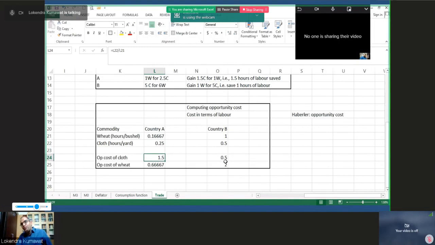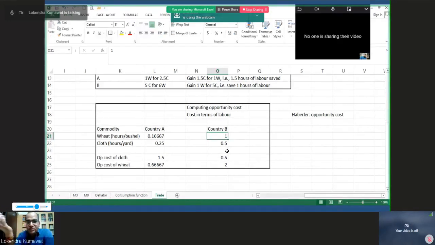So if you want to produce cloth in country A, you will have to keep aside resources required to produce 1.5 units of wheat. In country B, the requirement for cloth is 0.5 and the requirement for wheat is 1. So you can produce only half a unit of wheat.